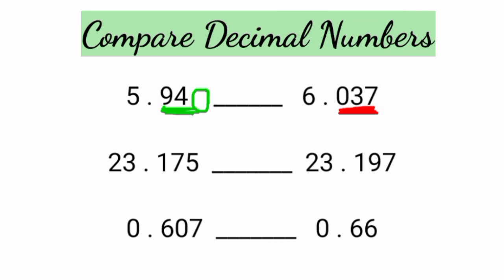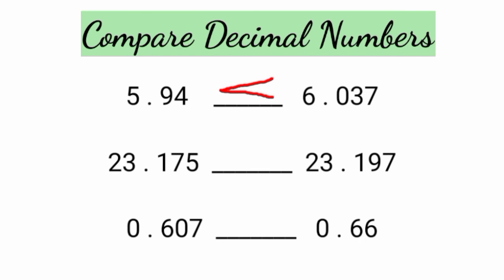Students, for comparing numbers always remember, firstly you will compare the whole number part. इंटीग्रल पार्ट को कंपेयर करेंगे. अगर इंटीग्रल पार्ट में आपको पता चल जाता है which one is greater, no need to move further. Like in the first example, 5 is the integral part here and 6 is the integral part here. Which one is greater? Of course 6 is greater. So simply we will put this sign here. That means 5.94 is less than 6.037.